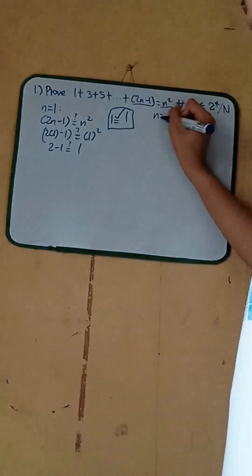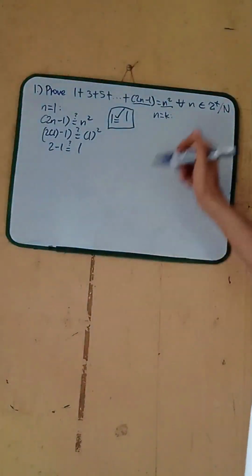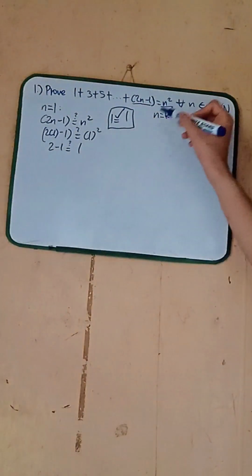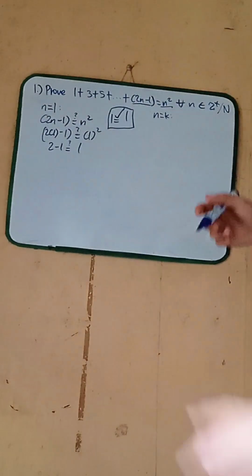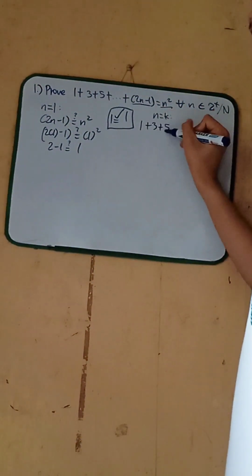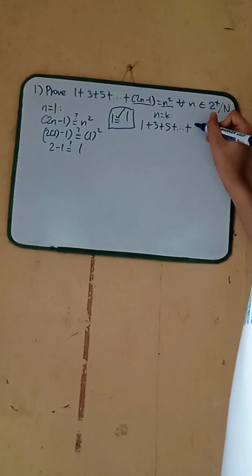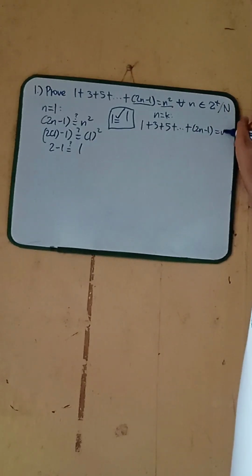Let's try for n equals k. There's nothing to worry about for n equals k, because you just substitute n by k, and there is no extra solution. So 1 plus 3 plus 5 plus dot dot dot plus 2n minus 1 equals n squared.